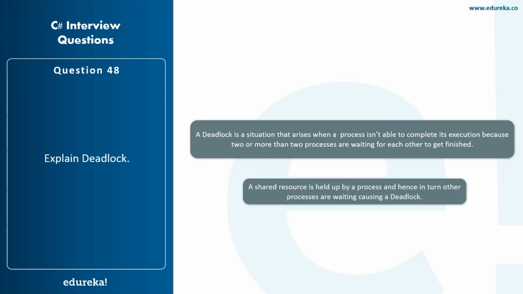A shared resource is held by a process, and another process is waiting for the first process to release that shared resource. This creates a long queue: the second one is waiting for the first one, the third one is waiting for the second one, and the thread holding the locked item is waiting for another process to complete. This is when the situation of deadlock happens.